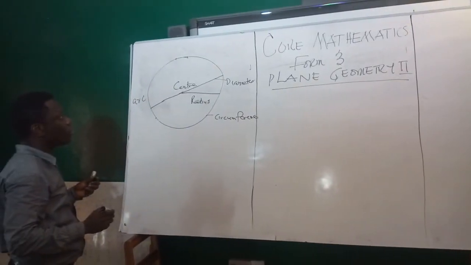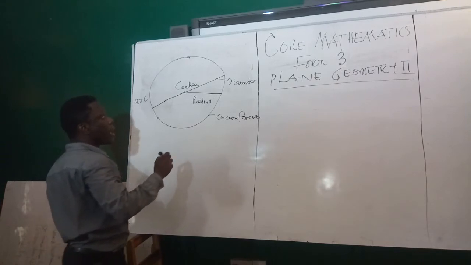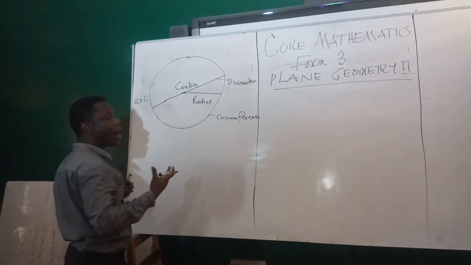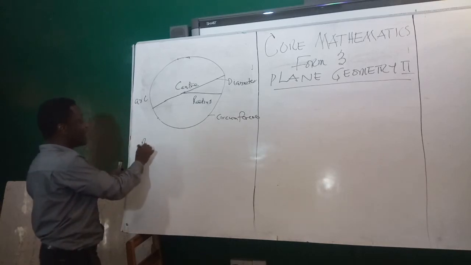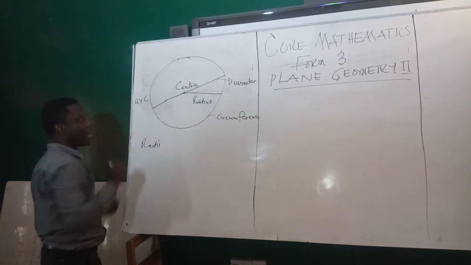Now, if you have more than one radius, we call it radii. I'm sure you know that by now.